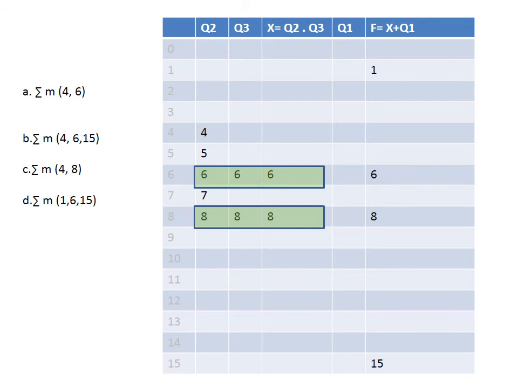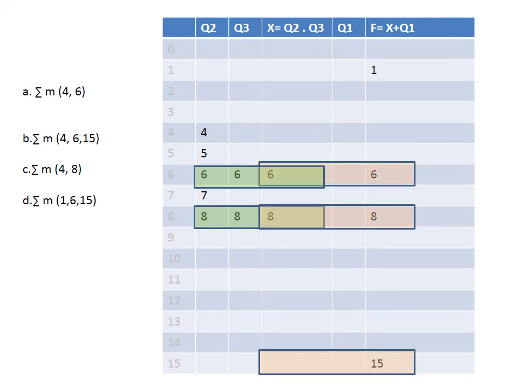So now how to find the value of q1? Because f is having 1, 6, 8, 15, either x or q1 must be having these terms. So x is having 6 and 8, so q1 may or may not contain 6 or 8. It will not affect the contents of f. 15 and 1 should be available in either x or q1.